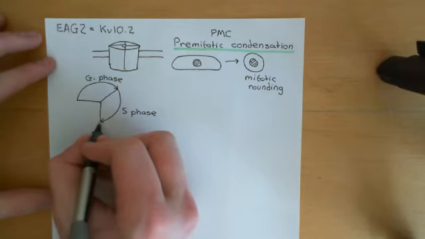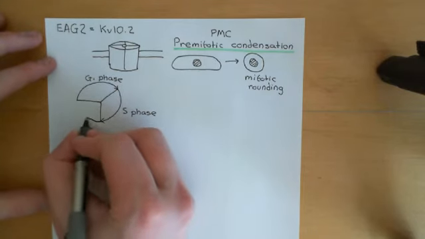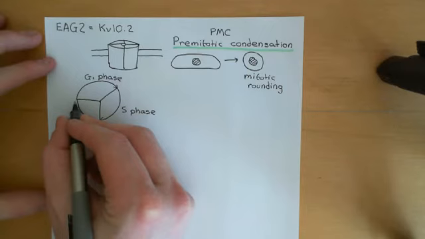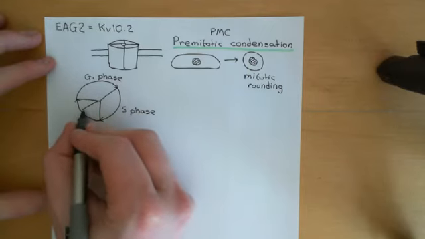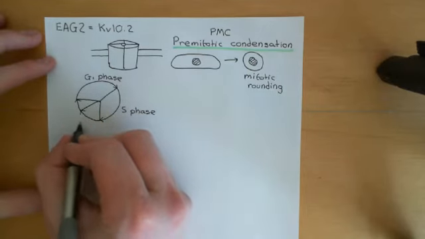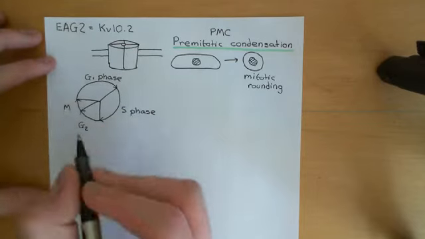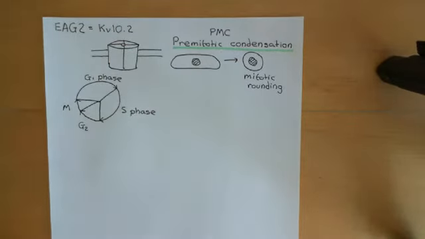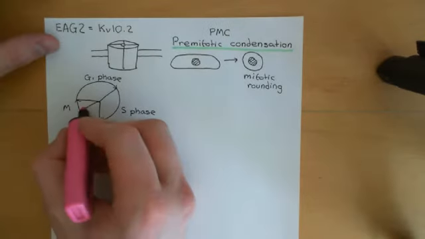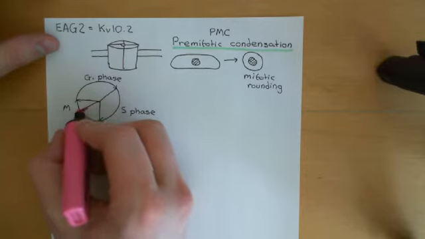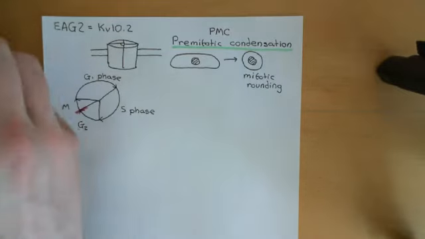The next phases of the cell cycle are the G2 phase and the M phase. So this is the second growth phase, G2, and then here is the M phase of the cell cycle. Premitotic condensation occurs right at the end of G2 phase before you then go into M phase.